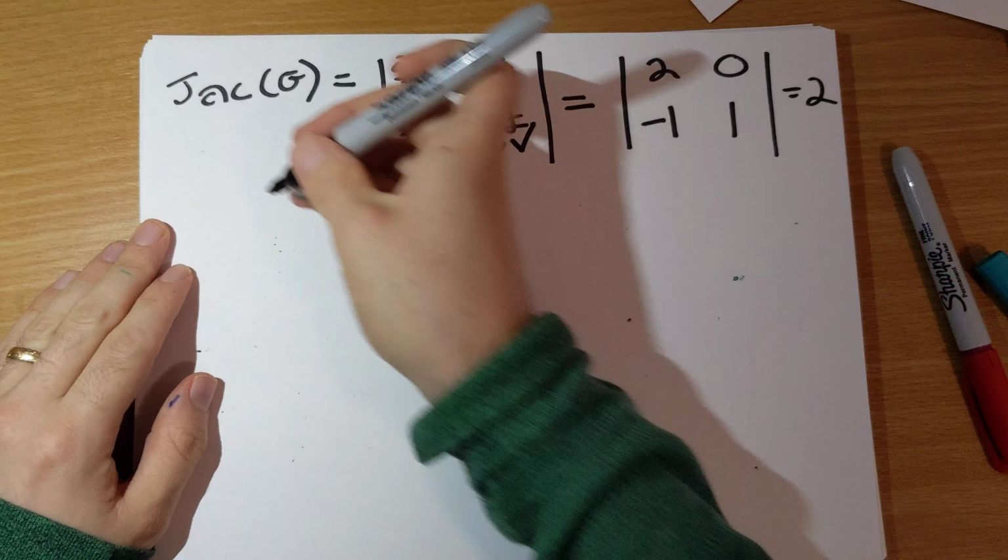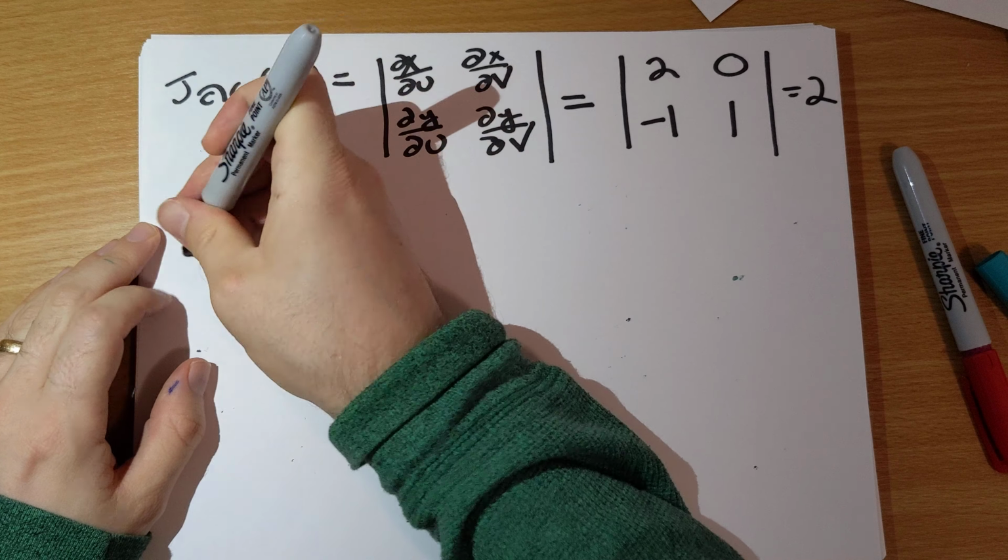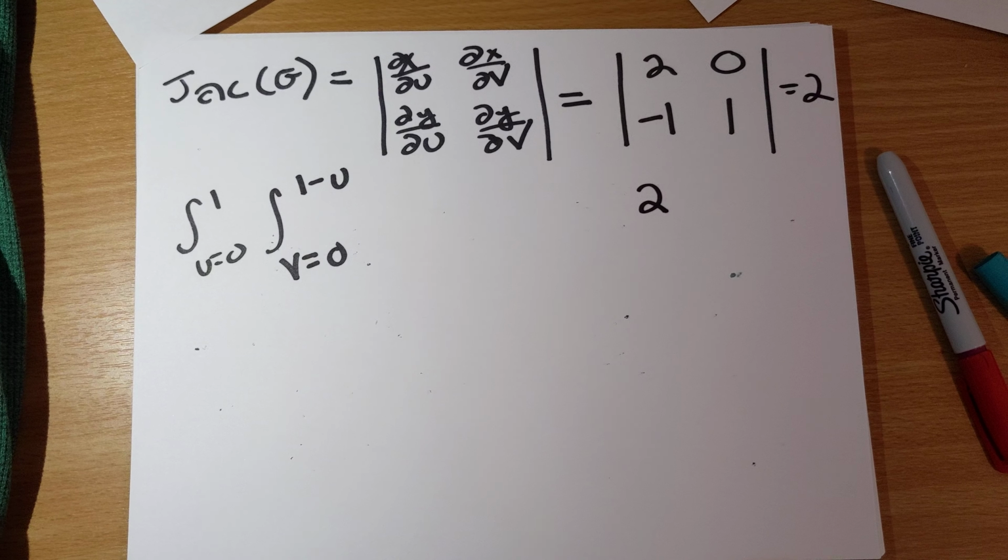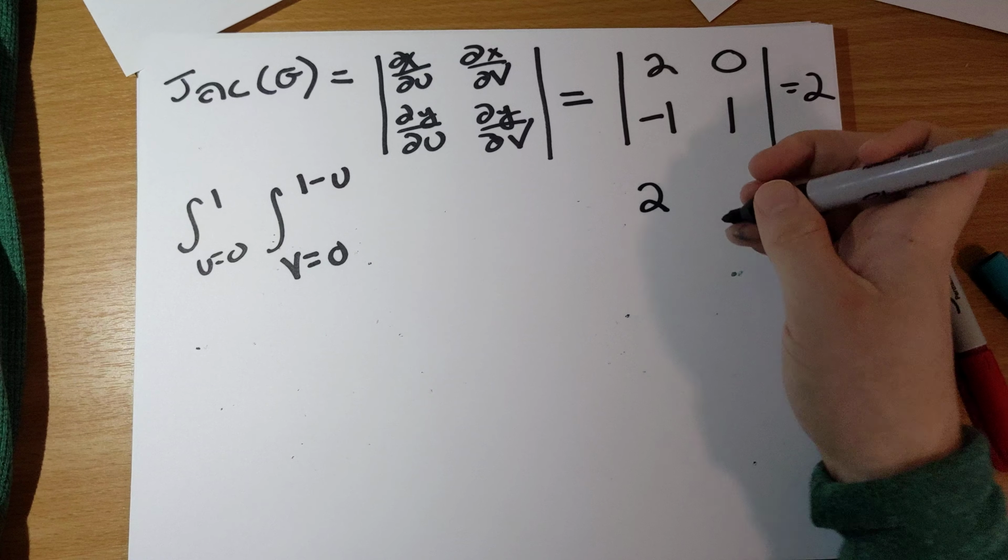Okay, so change of variables time. Our bounds are u runs from 0 to 1, v runs from 0 to 1 minus u. We know we're going to have the Jacobian factor is 2.